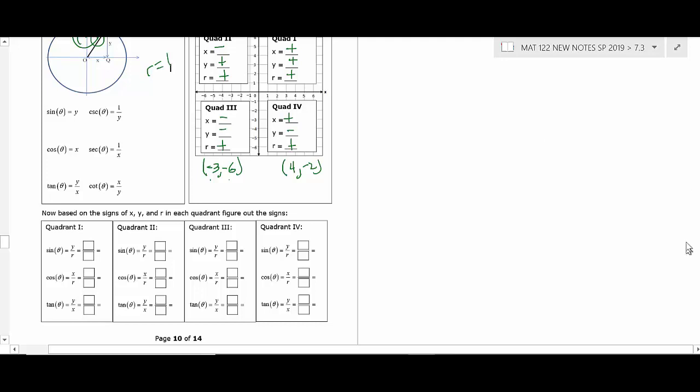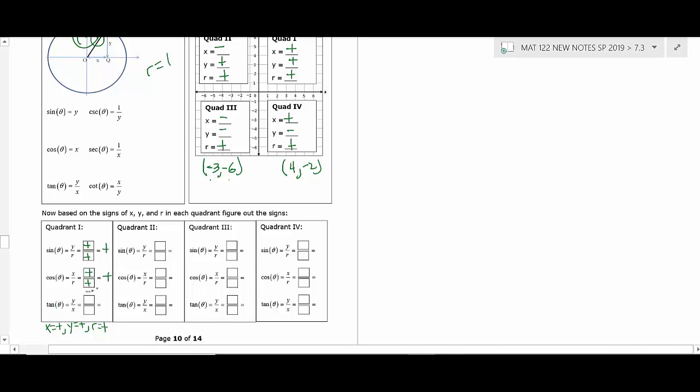So here's what we're going to look at. If you're in quadrant 1, everything's positive. Basically, x is positive, y is positive, and r is positive. So the sine would be y over r, positive over positive, which is a positive answer. The cosine, x over r, is positive over positive, so it's positive.